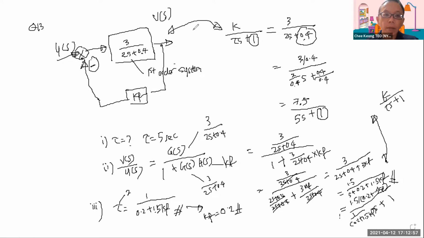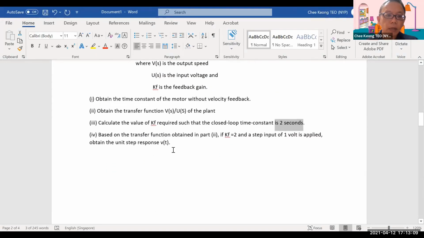Now for part 4. What does it ask for? For part 4, they ask to calculate, based on the transfer function in part 2, if kf equals 2 and the input is 1 volt applied, obtain the unit step response V(t).